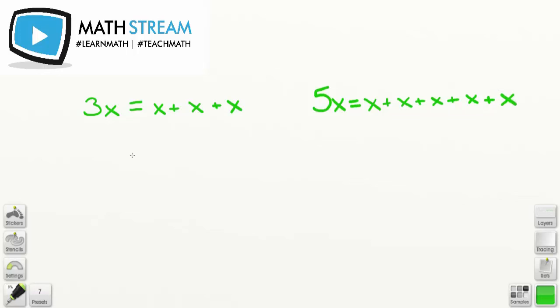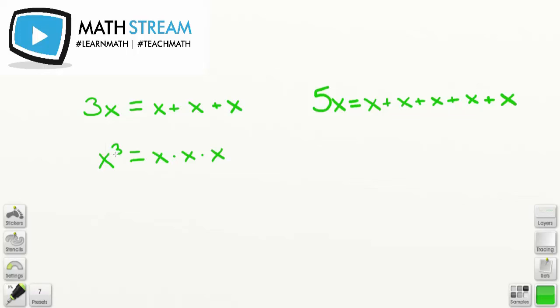In contrast to this, let's think about what it means if I were to have x times x times x. So instead of addition, we have multiplication. In that case, x times x times x is simplified to x cubed.